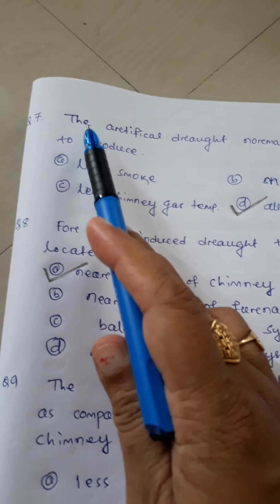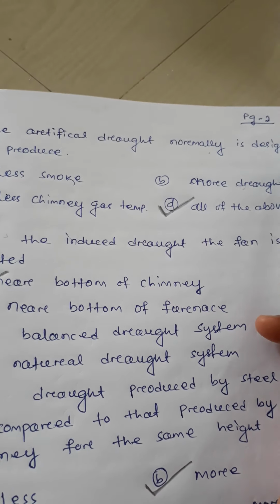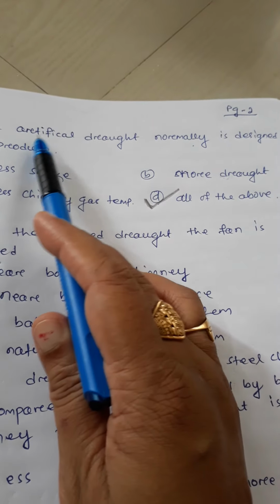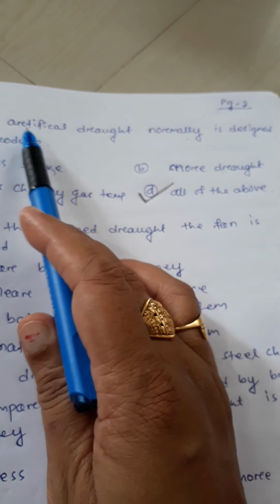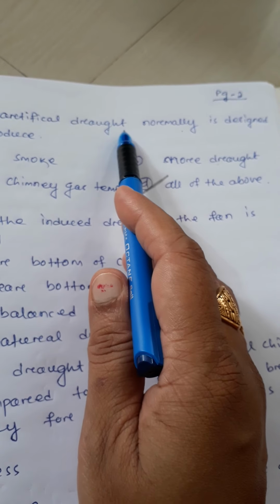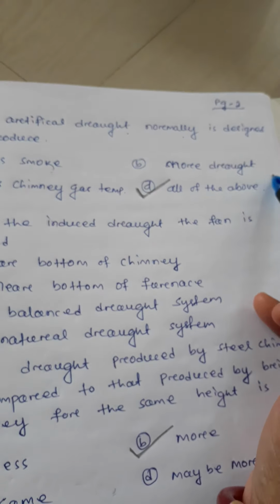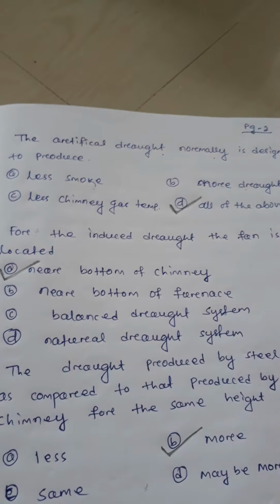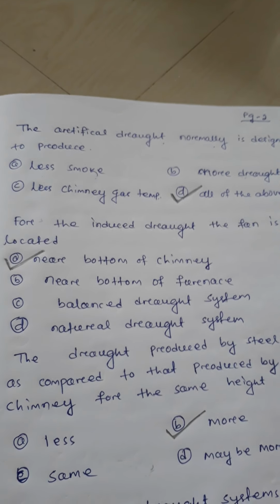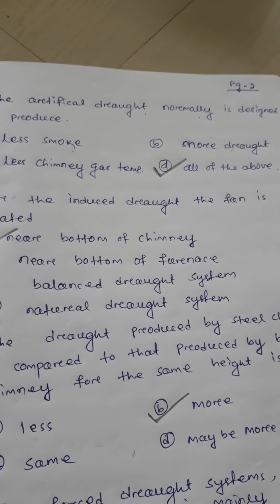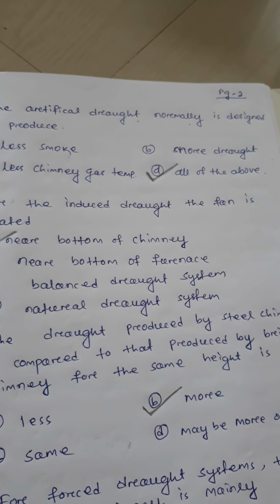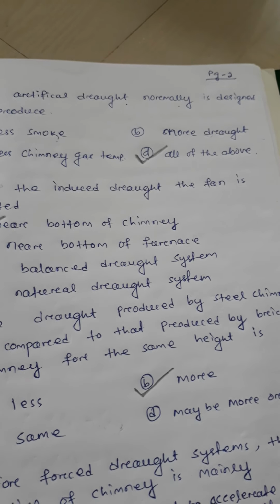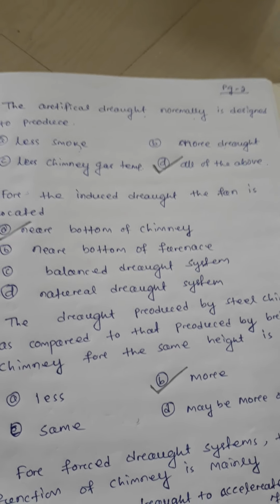Next question, question number 7: the artificial draught normally is designed to produce. Why are we using artificial draught? As we have chimneys, we can have the natural draught. Then why do we use artificial draught? The options are less smoke, more draught, less chimney gas temperature. We have already discussed that a chimney cannot provide enough. Nowadays we require more power, so more draught is required for burning the fuel inside the boiler. That cannot be provided by a chimney, because the height of the chimney is limited.